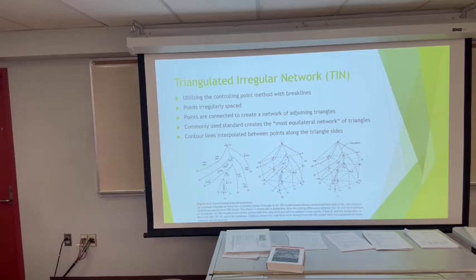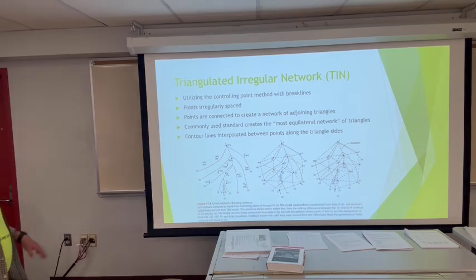The points are connected to create a network of adjoining triangles. The commonly used standard to create these triangles is the most equilateral network. That would be ideal. However, they're not all going to be perfectly equilateral, and that's fine. They just try to look for what's going to be the most equilateral triangles.